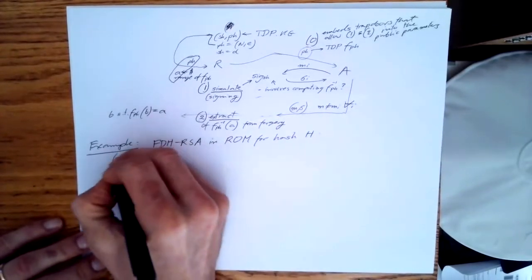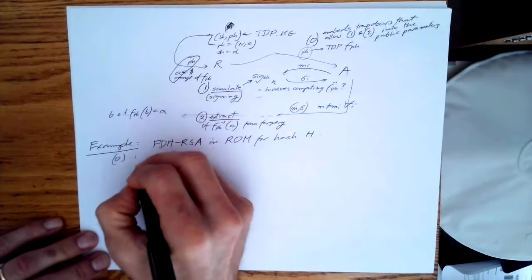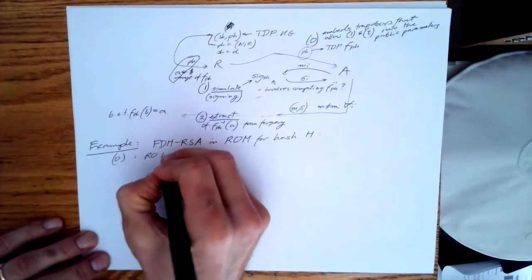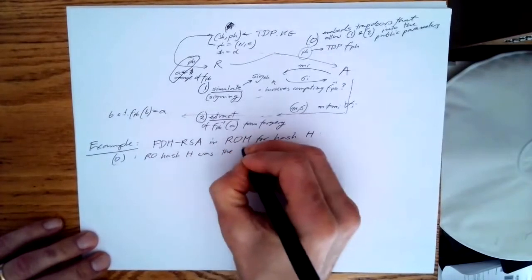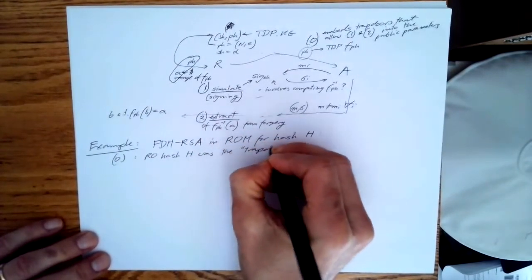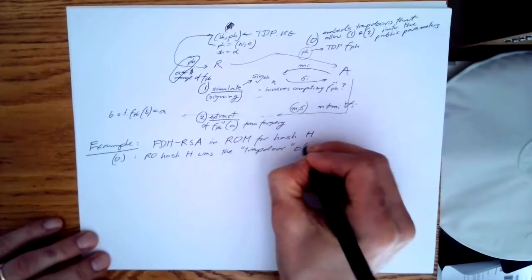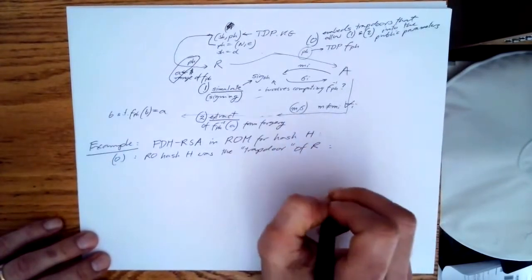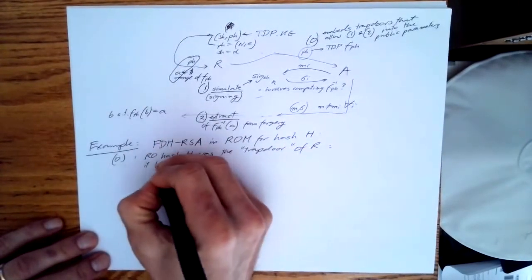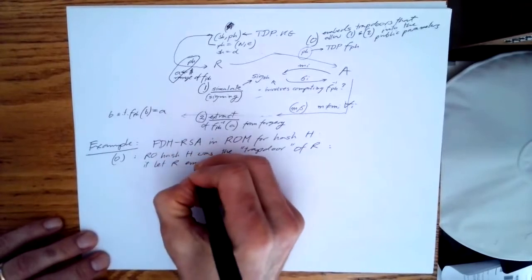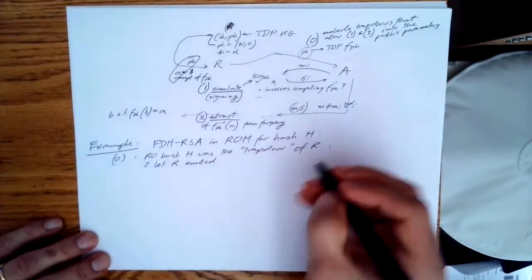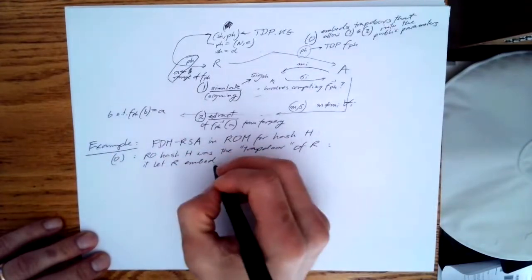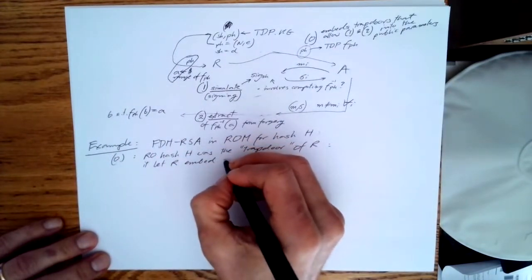And what has happened there? The random oracle hash was the trapdoor of R. It let R embed. Why is the random oracle a trapdoor? Because it lets R embed.